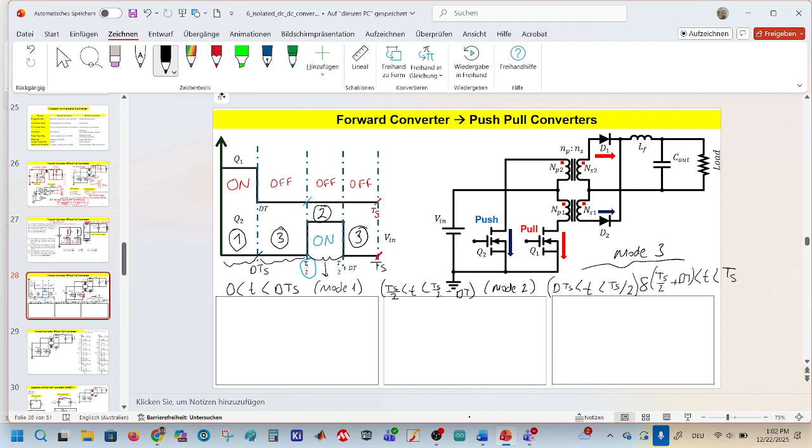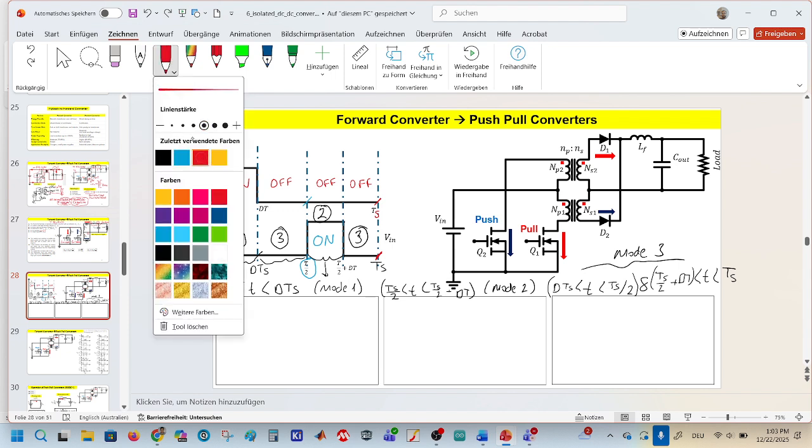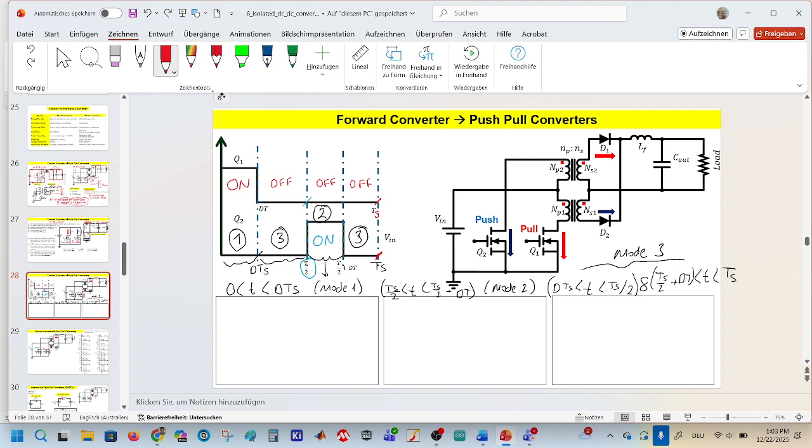So what happens during mode 1? Mode 1 was that the Q1 is switched on, current flows, or let's show it again with input current, which flows through Q1.